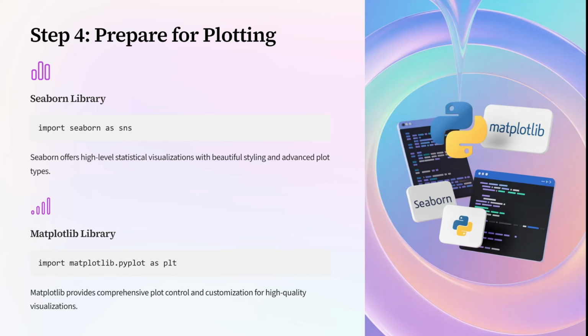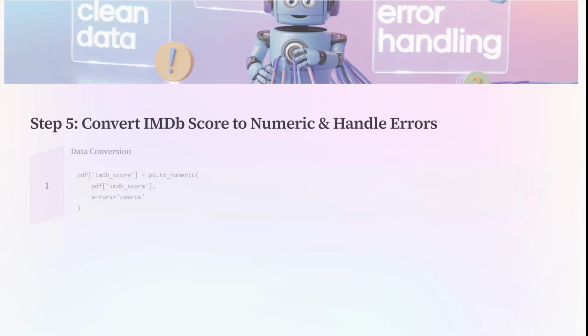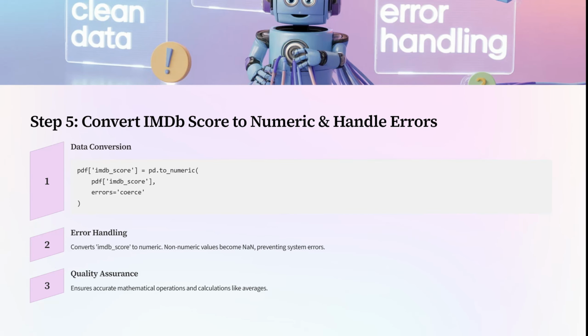Step 4 is preparing for plotting. I'm going to import seaborn and matplotlib pyplot. What it does is load the visualization library seaborn for plotting and matplotlib for plot control. Step 5 is to convert the IMDb score to numeric and handle errors.